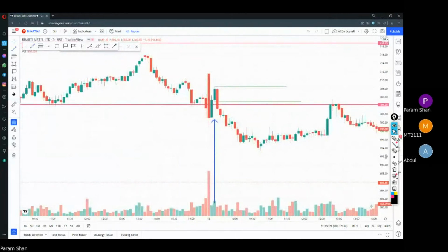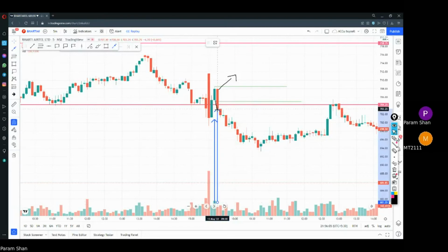So now what happened? I do have a confirmation on the next candle. I wouldn't say confirmation, but the next candle did not go above. The next candle broke down. But I don't have a volume confirmation for me to take a trade on this particular candle.